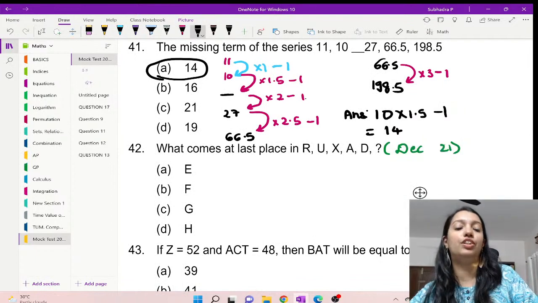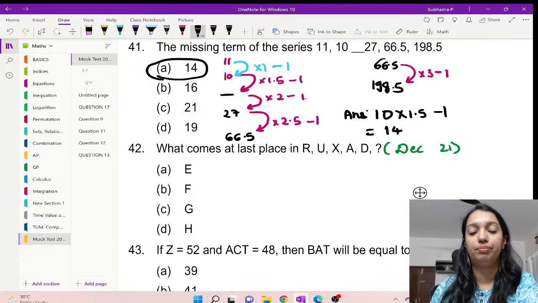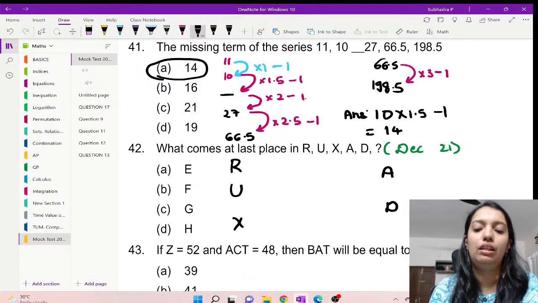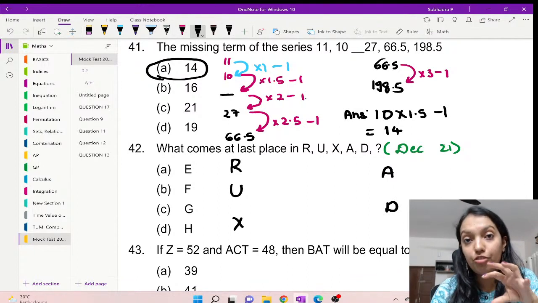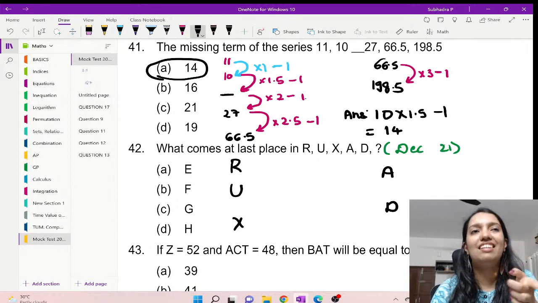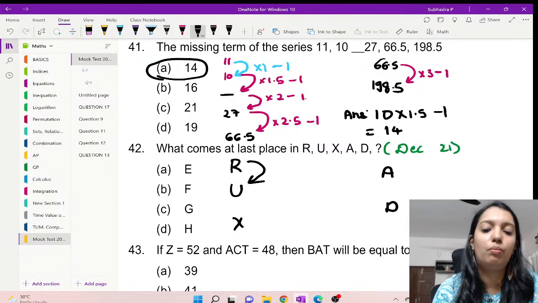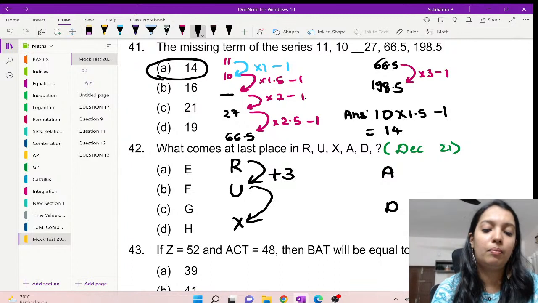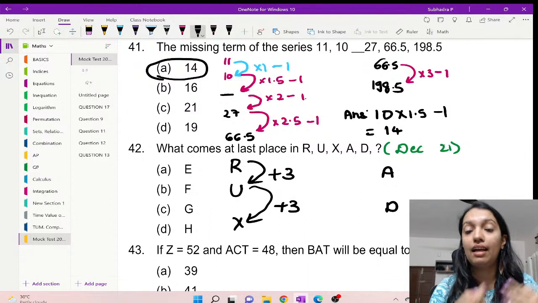First question from logical reasoning. Second one, what comes at next place in R, U, X, A, D, question mark. In the alphabetical gematria chart, if you remember, R, S, T, U plus 3, V, W, X plus 3, Y, Z, A. After Z again A has to get repeated, no?